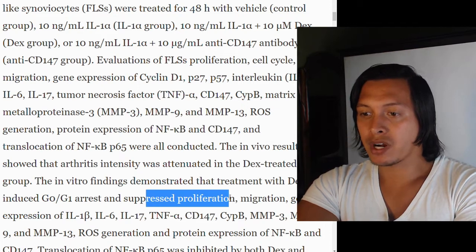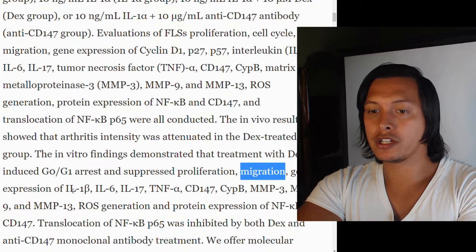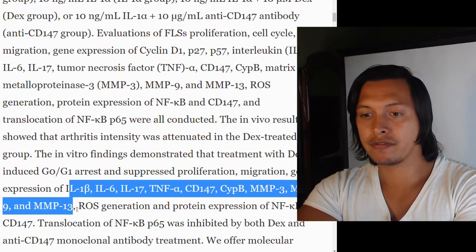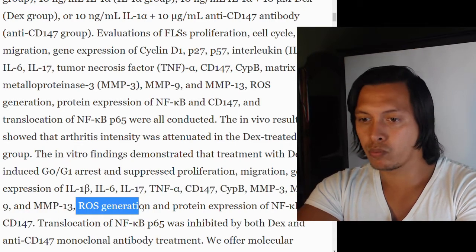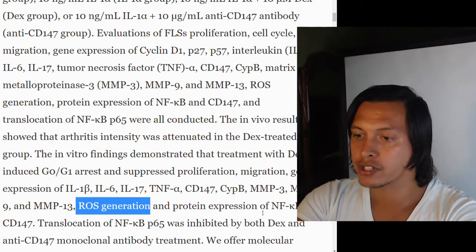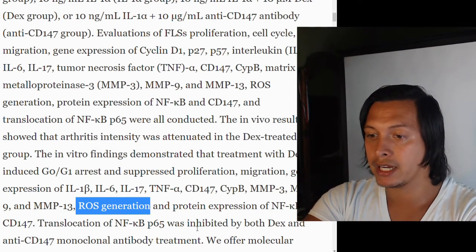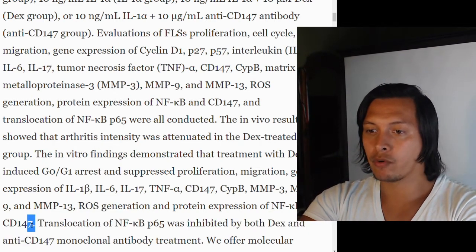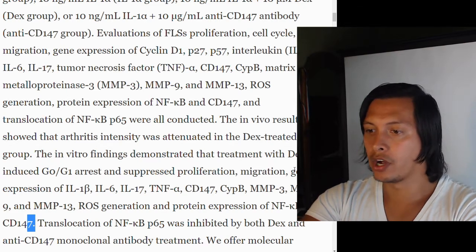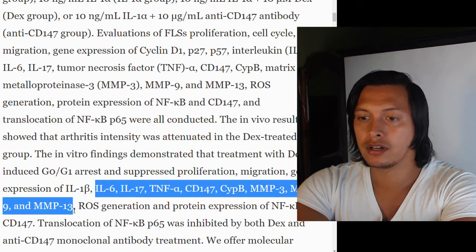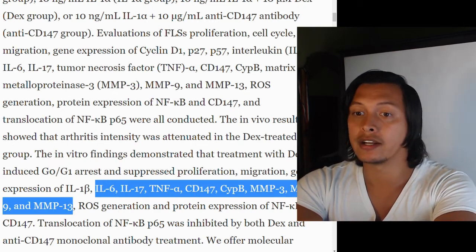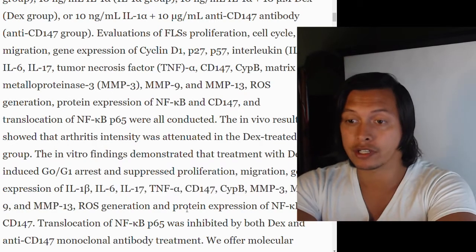So it suppresses proliferation, migration, gene expression of a bunch of these things, reactive oxygen species generation, and protein expression of NF-kappa B and CD147. The expression of all of these was lowered in the dexamethasone treated group.